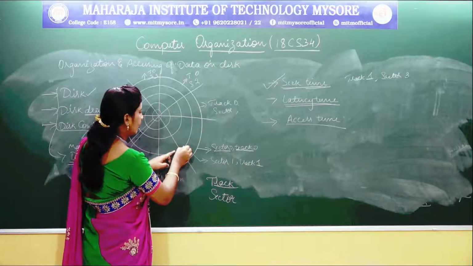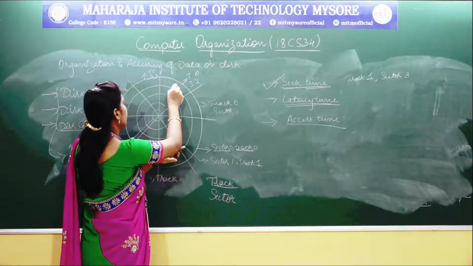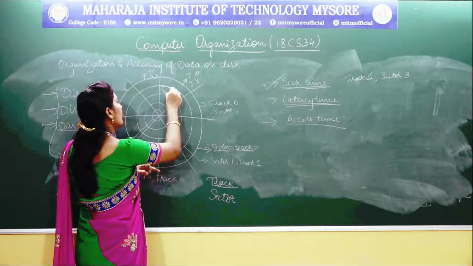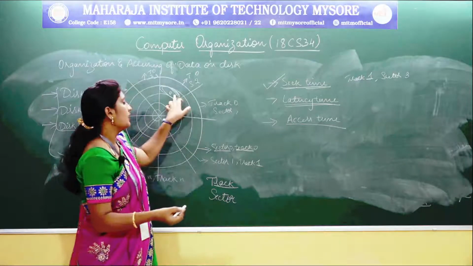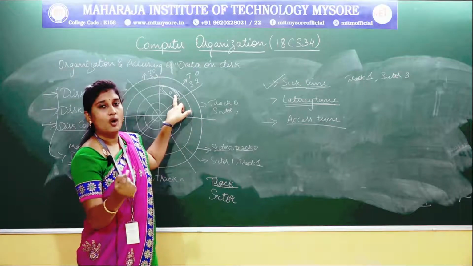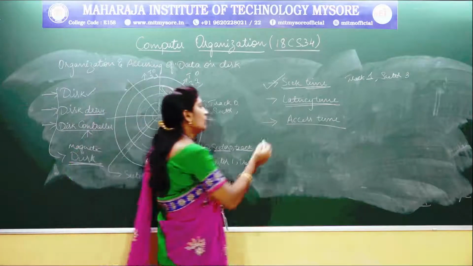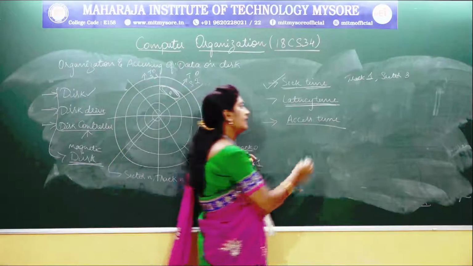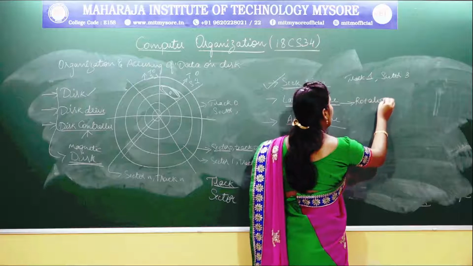This is my track 1, next this is sector 1, sector 2, sector 3. So I need to reach this sector to perform my addressed operation. The amount of time required to start the operation at the desired location is called latency time. This latency time is also called rotational latency.